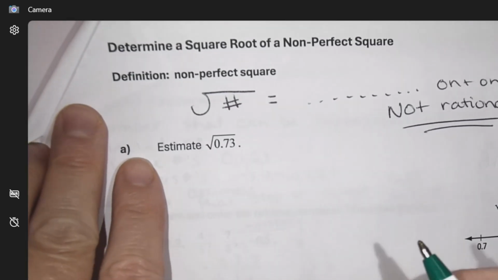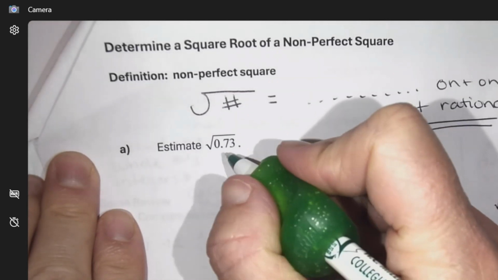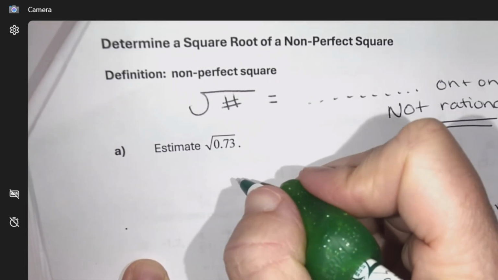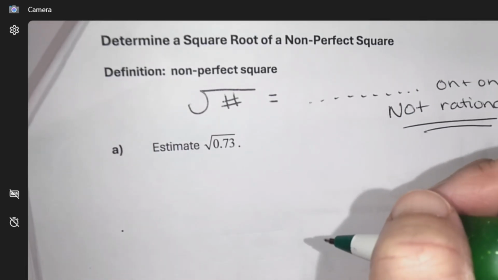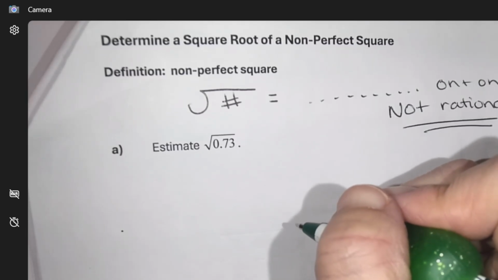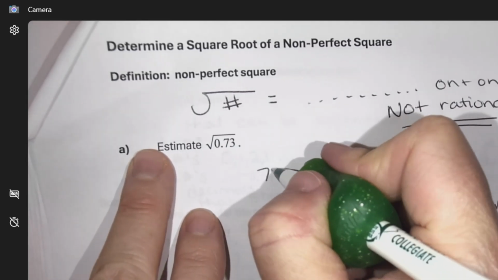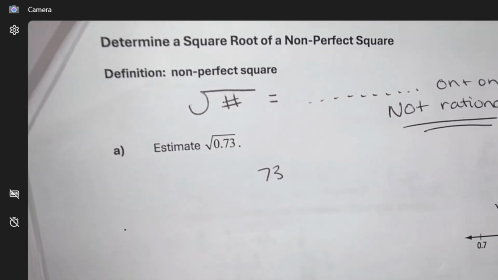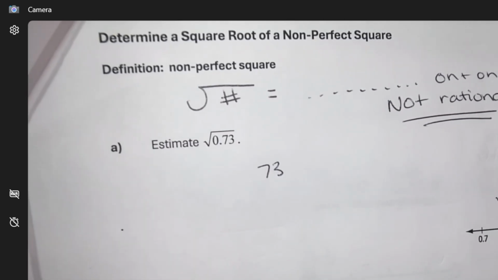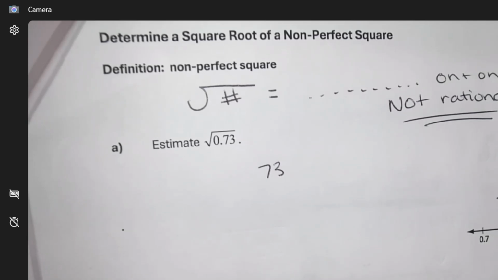Okay, so estimating, the square root of 0.73. Let's just talk about 73. That's not squareable, right? Not a perfect square.